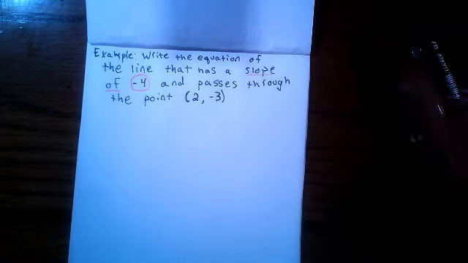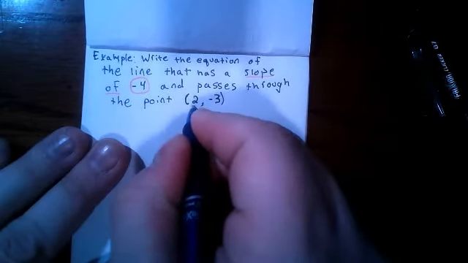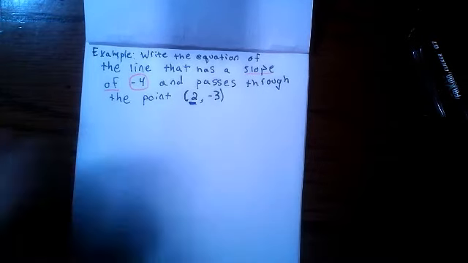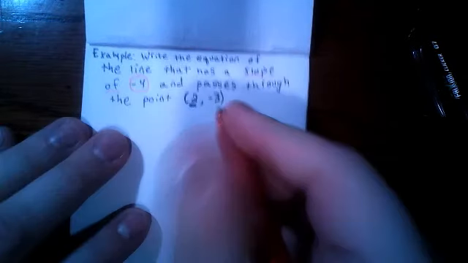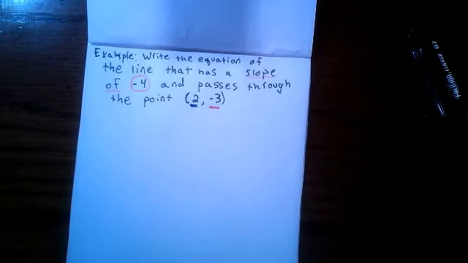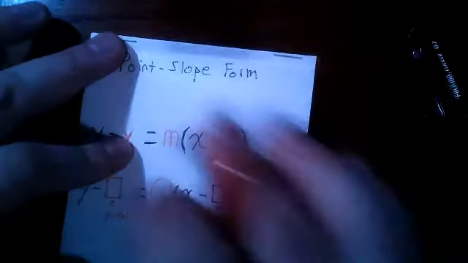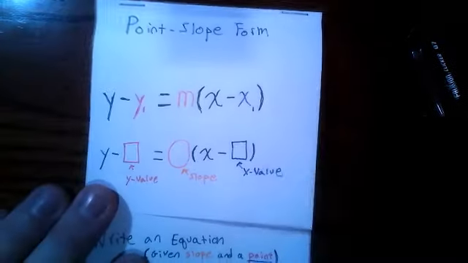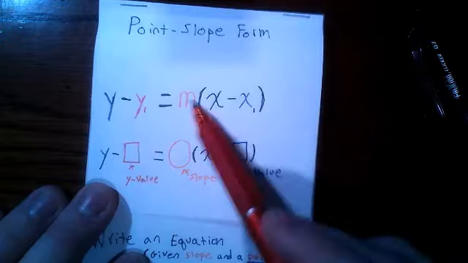I color-coded the x value to be in blue, so I'm going to underline the 2 in blue. And the y value was -3, so I'll underline that in red. Color coding is really nice because now all I have to do is fit what matches those colors inside of these boxes.